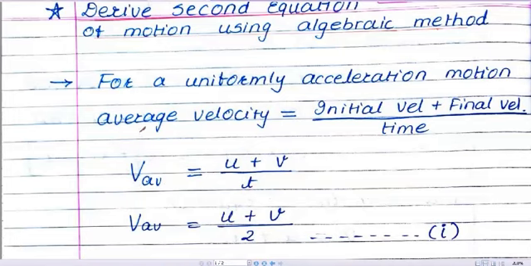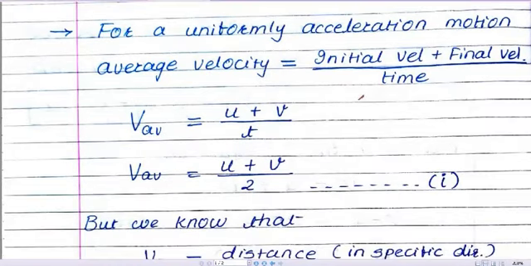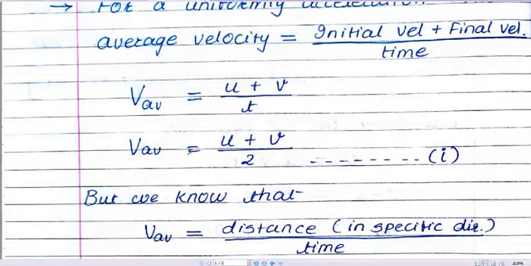And this average velocity is represented by v average. When we say initial velocity and final velocity, we are basically talking about two times, and that is the average. So here we can say that average velocity is equal to (u plus v) upon 2. Let's take this as our first result.